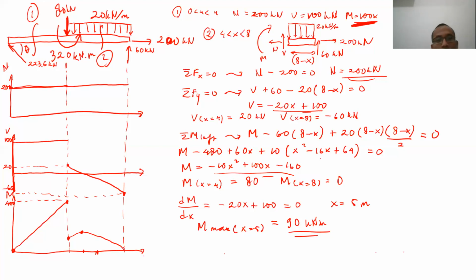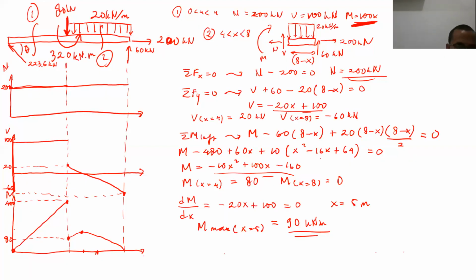Roughly like this. Yeah, the graph is not smooth, but it's roughly like that. Okay, the value here is 80, and the value at the peak is 90 kilonewton meter. So this is the final answer.